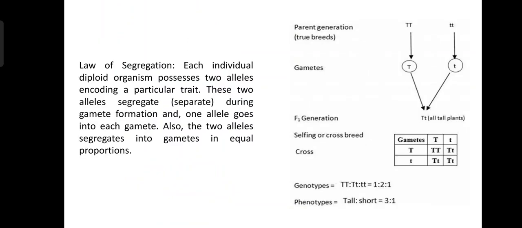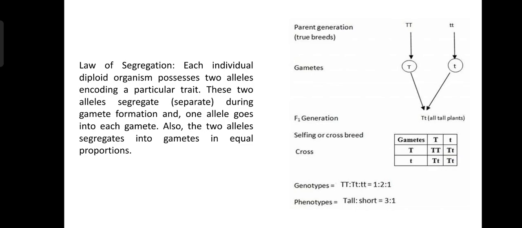So he decided to designate the dominant allele as a capital letter and the recessive allele as a lowercase letter. So here we can see that capital T represents the homozygous tall plant, and the small t represents the recessive short plant.